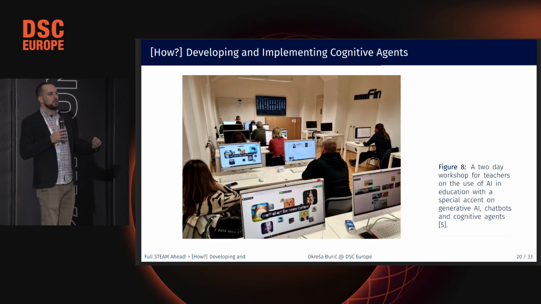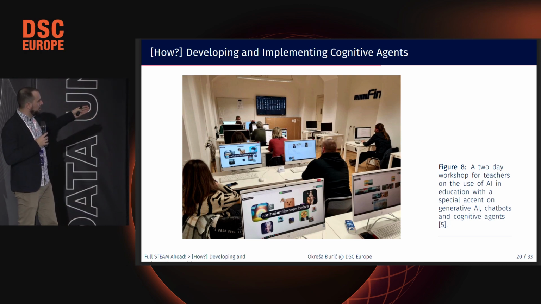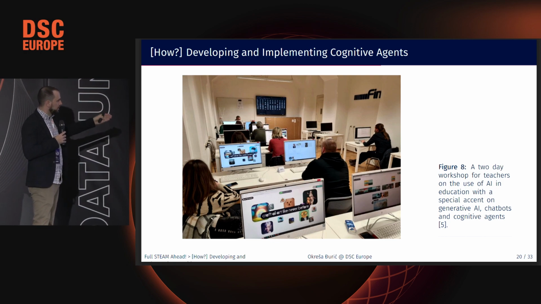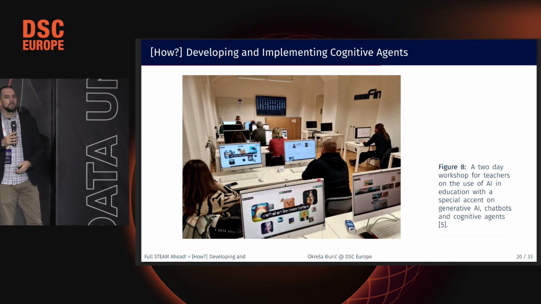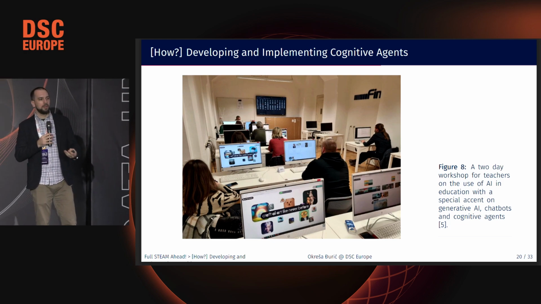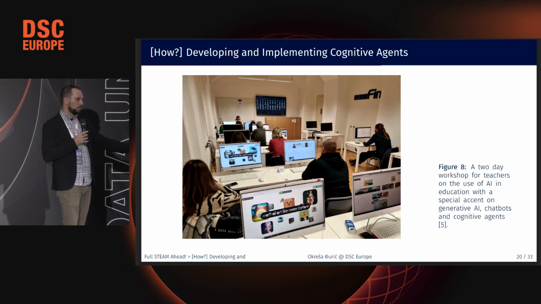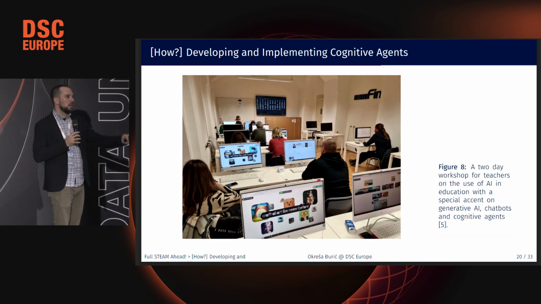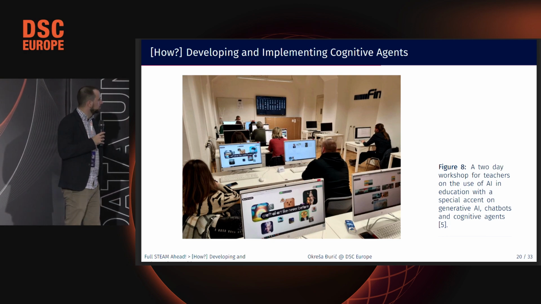So the teachers went through a workshop which included teaching them about generative AI and chatbots and cognitive agents and so on. And those teachers prepared a set of questions which would be interesting to those students for a specific period of the educational year.